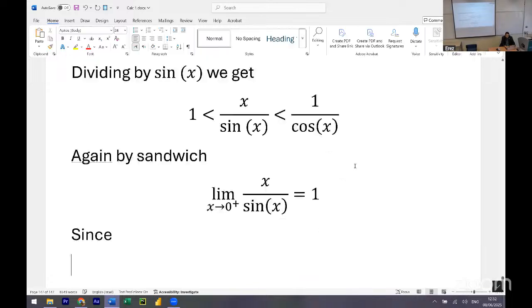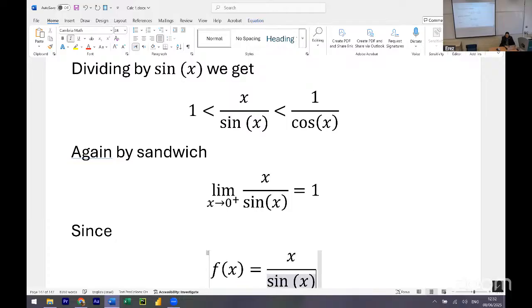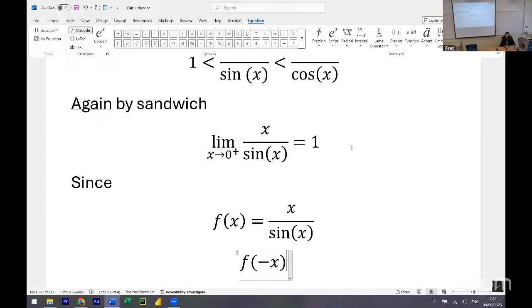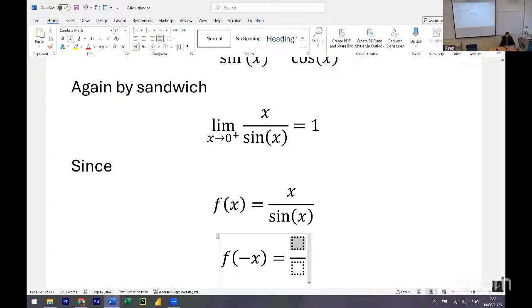Since if f of x is x over sine of x, what is f of minus x? Minus x over sine of minus x, right?